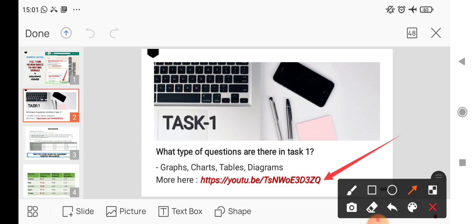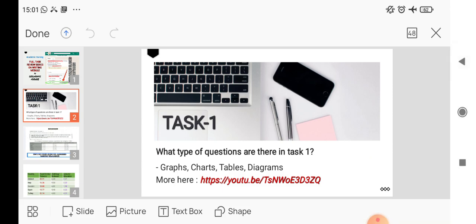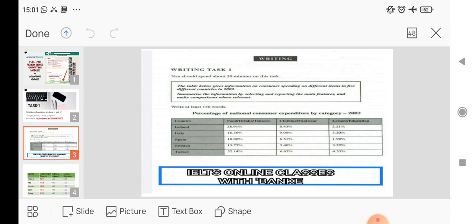So in today's lesson, we are going to be describing a table. This is a sample task 1 question, and the table gives information on consumer spending on different items in 5 different countries in the year 2002.